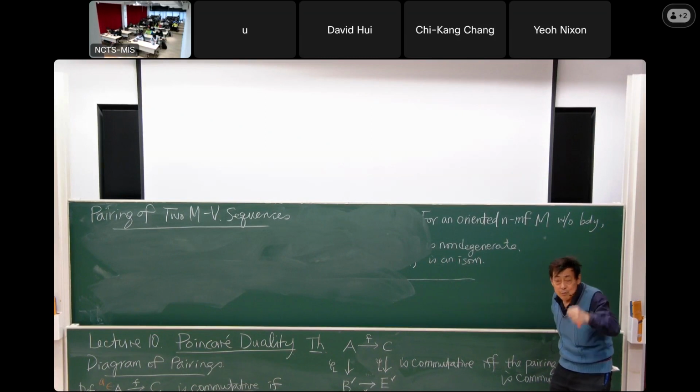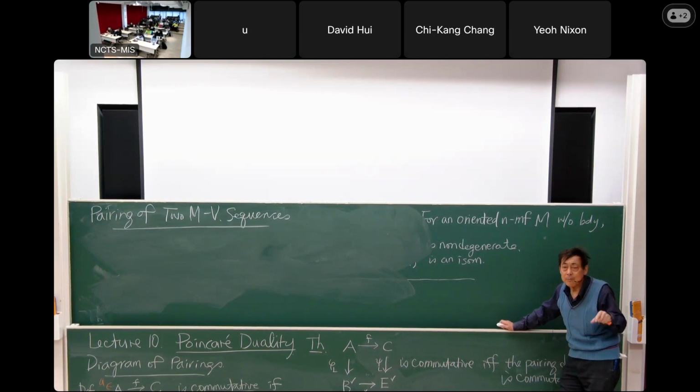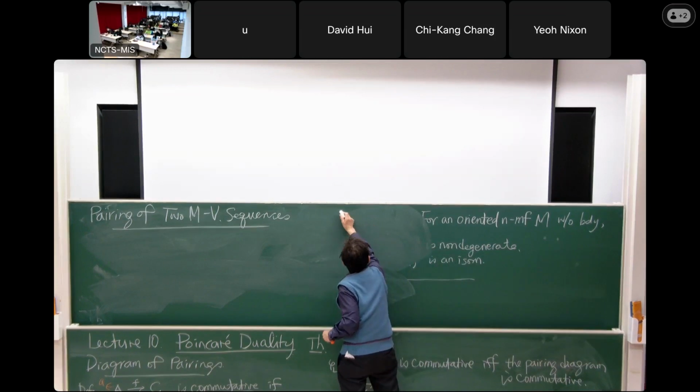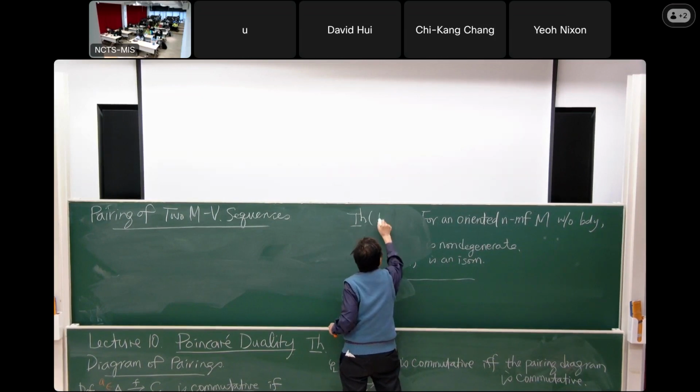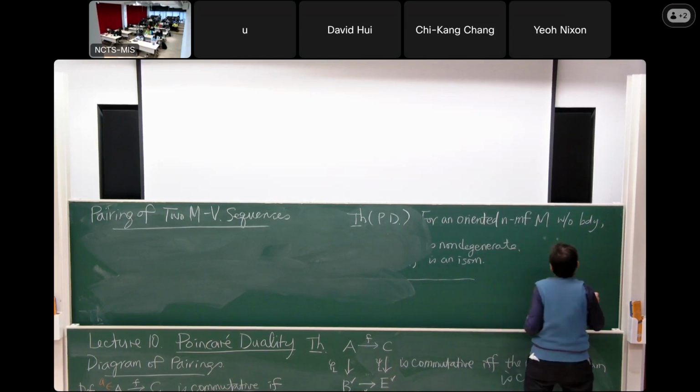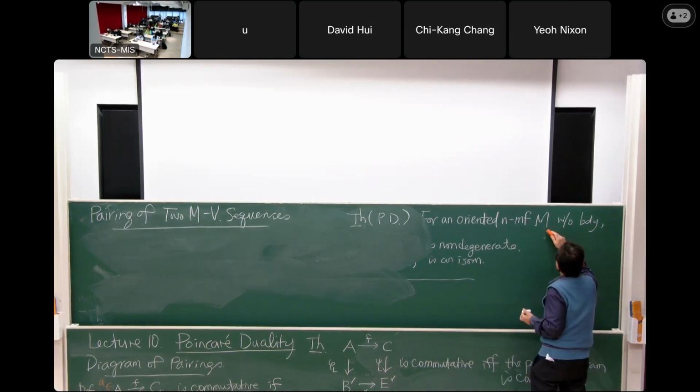But for the proof to work, because we're going to do induction on the number of open sets of a good cover, you need to have finitely many open sets in the good cover. So actually, I need an additional hypothesis here. So this is the theorem, Poincare duality for an oriented n-manifold without boundary, and I should say it's of finite type.